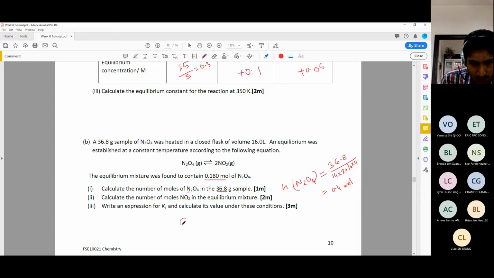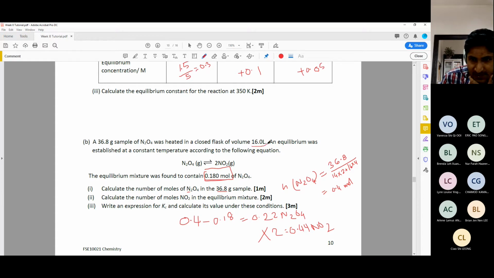We started at 0.4, and at equilibrium this number of moles was remaining, so 0.22 was used. Of dinitrogen tetroxide, 0.22 was used up, but since it is a 1:2 reaction, multiplied by 2, 0.44 moles of nitrogen dioxide will be produced in the equilibrium mixture.